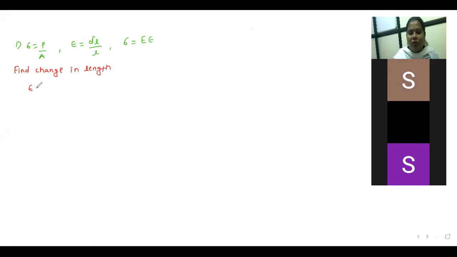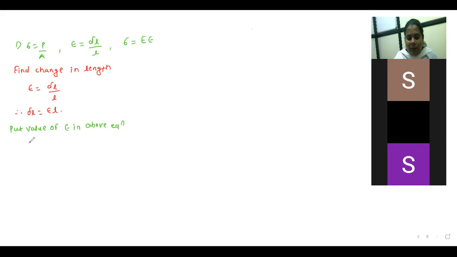By using the strain equation, epsilon equals del L upon L. So del L, that is the change in length, equals epsilon into L. After that, put the value of epsilon in the above equation.